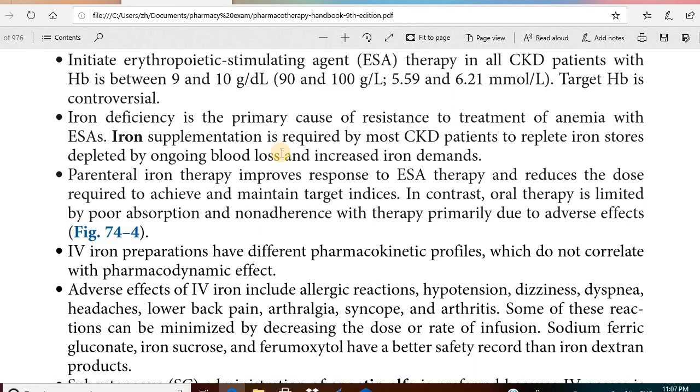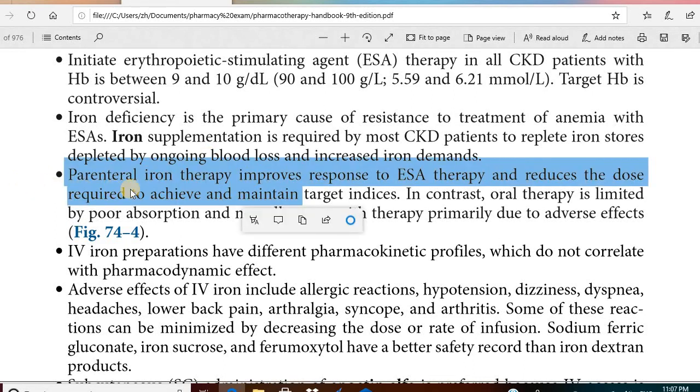So in CKD patients you are going to give the iron supplementation. Parenteral iron therapy improves response to the ESA therapy and reduces the dose required to achieve and maintain target indices. So if the patient has chronic kidney disease, you have to give the parenteral iron therapy too.